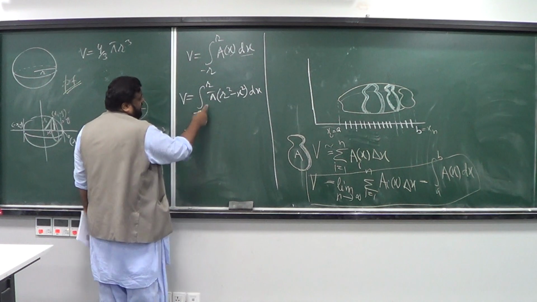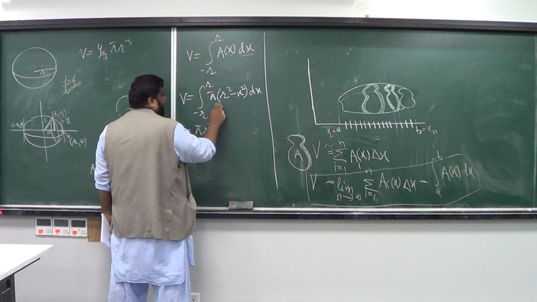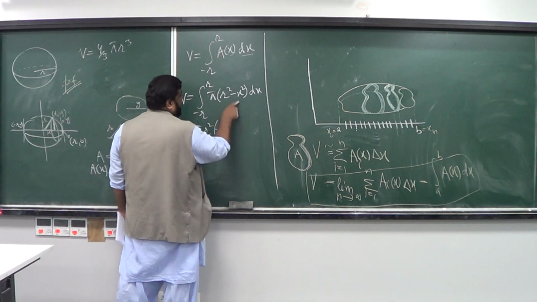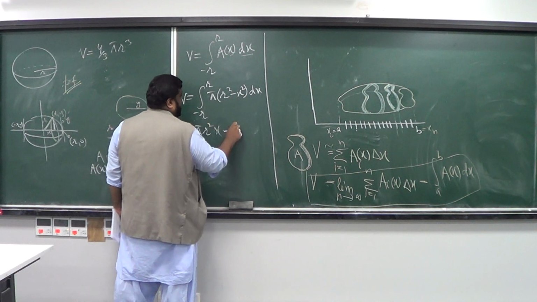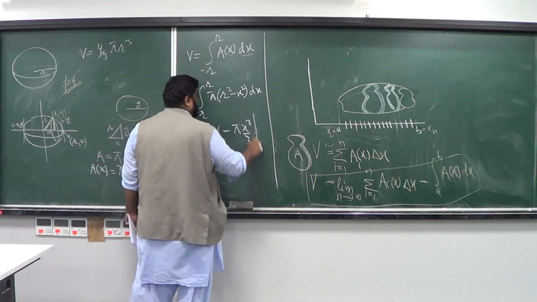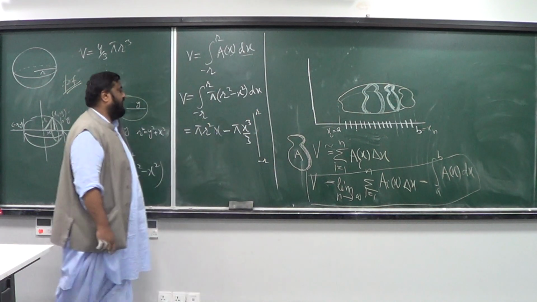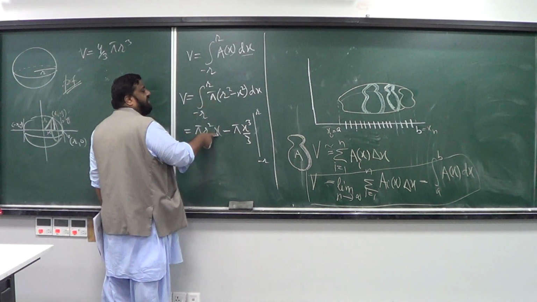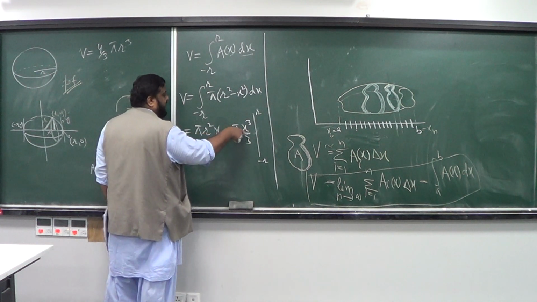You get pi r square x minus pi x cube upon 3, and then you need to substitute negative r to r. I multiplied by pi r square and computed this.